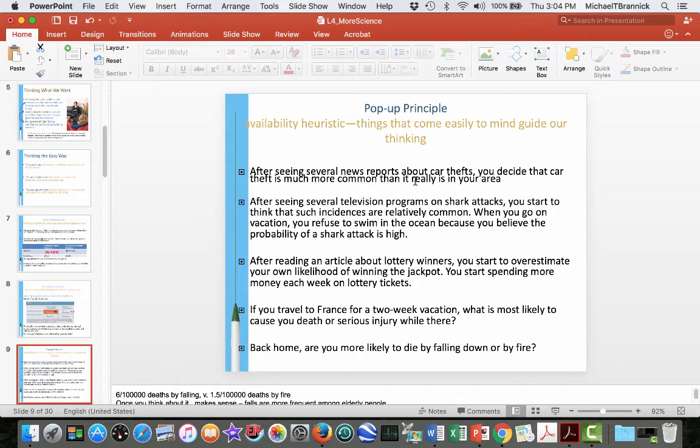Well, probably the first thing that comes to your mind is terrorist attacks. Maybe not. Maybe it's something else. Maybe it's drinking too much French wine. I don't know. Probably the most likely cause of death is traffic. You're likely to be hit by a bus or a car or something like that, especially if you're in your 20s. You're not likely to die from diseases.